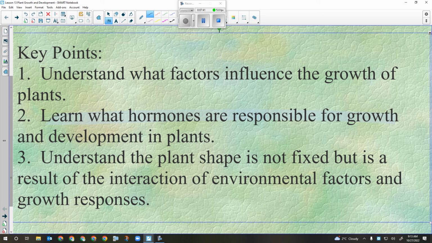All right. So, what are some things a plant needs? If we're talking about factors that influence the growth of a plant, what are some basic resources a plant requires? Sunlight, absolutely. What else? Water.